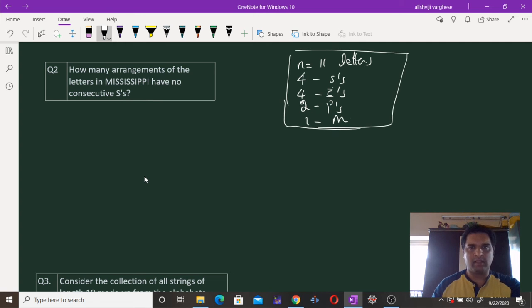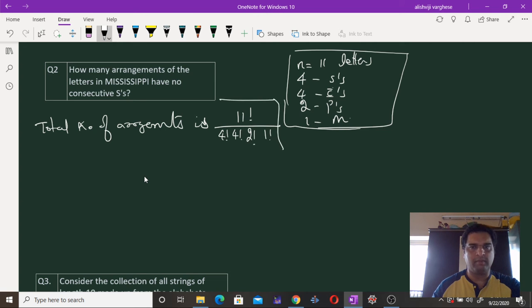Now, if we consider all the letters of the word Mississippi, then the total number of arrangements is given by 11 factorial divided by 4 factorial into 4 factorial into 2 factorial into 1 factorial.